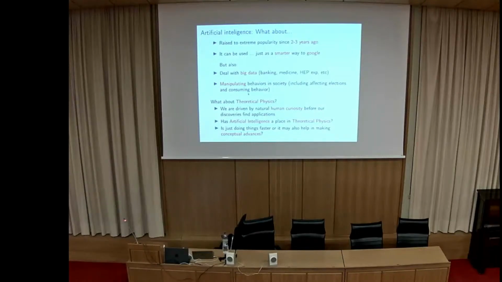But what about theoretical physics? In our subject, we are driven by curiosity. We don't care immediately what we find to find applications. So the question is, does artificial intelligence have a place in theoretical physics?